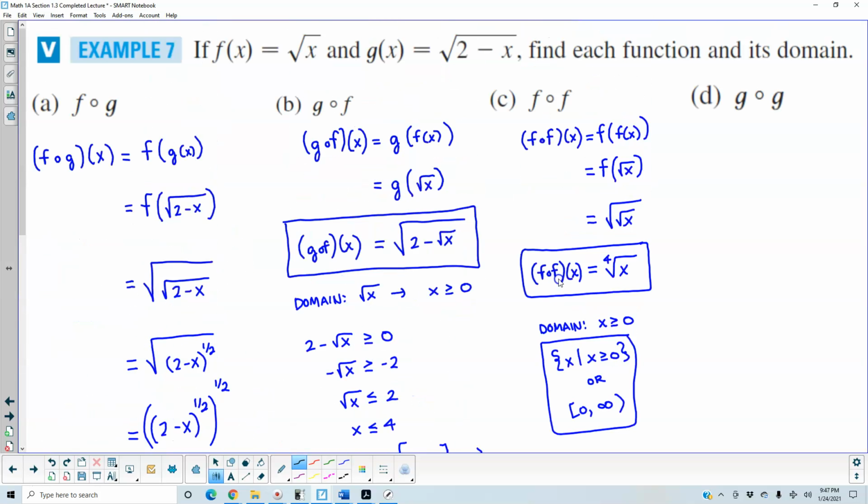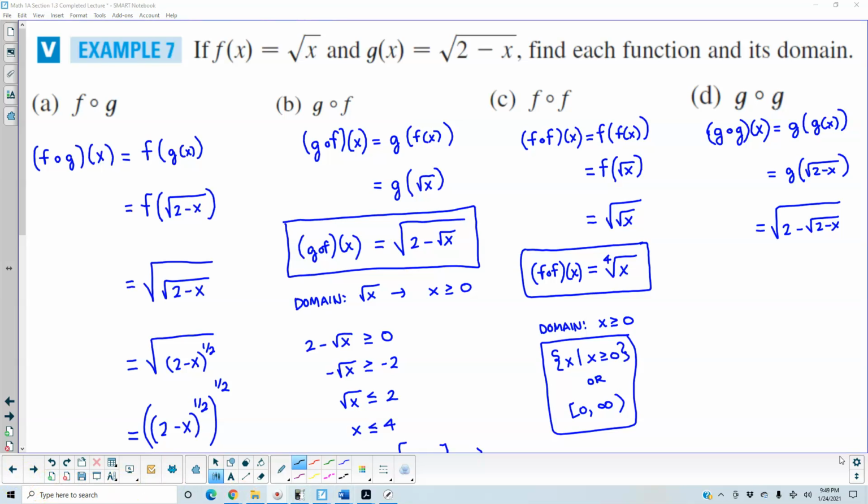Okay, let's take a look at the last one here. We have g composite g of x, which is equal to g of g of x, which is equal to g of the square root of 2 minus x, which is equal to the square root of 2 minus the square root of 2 minus x.